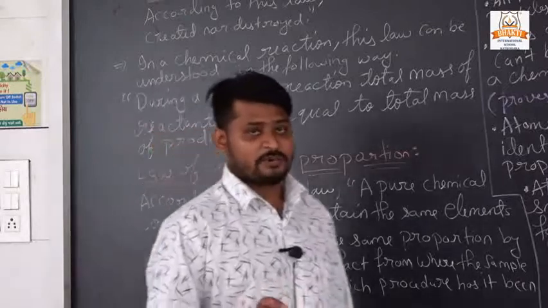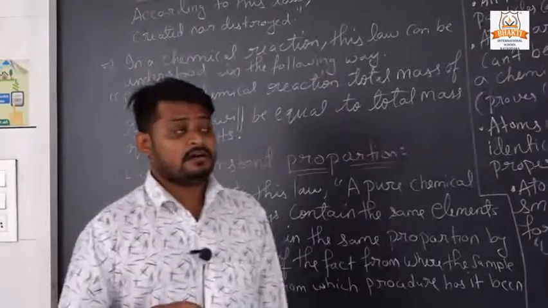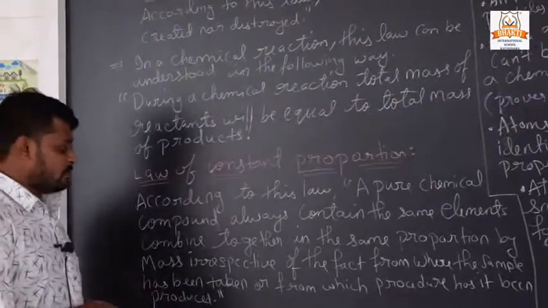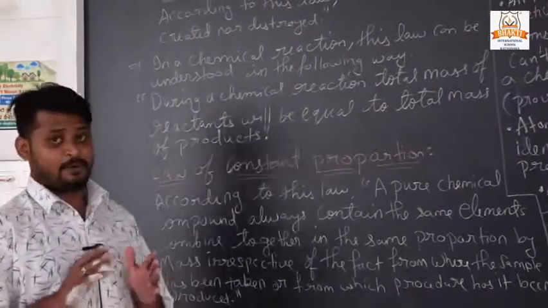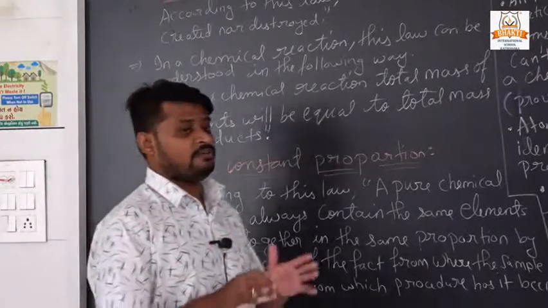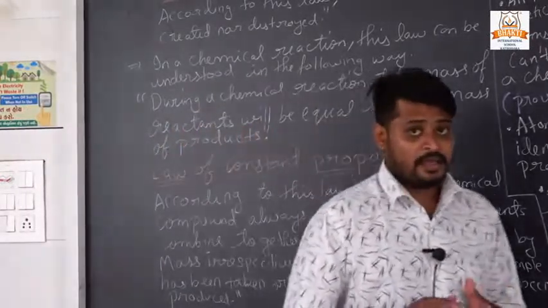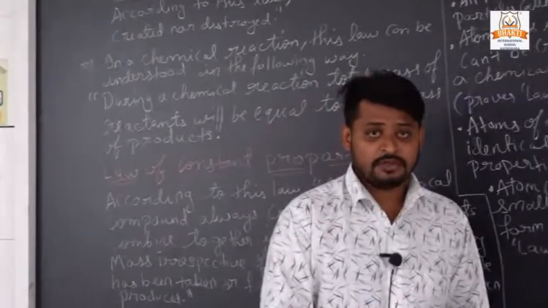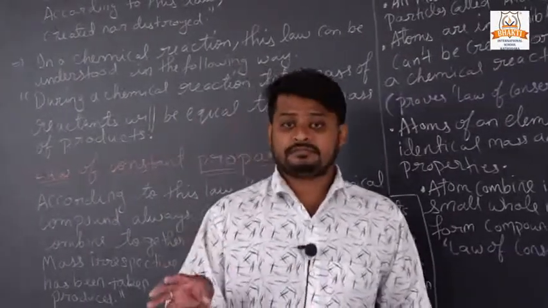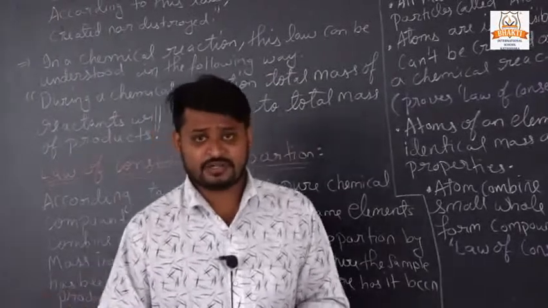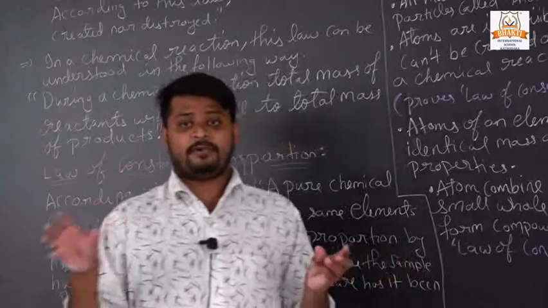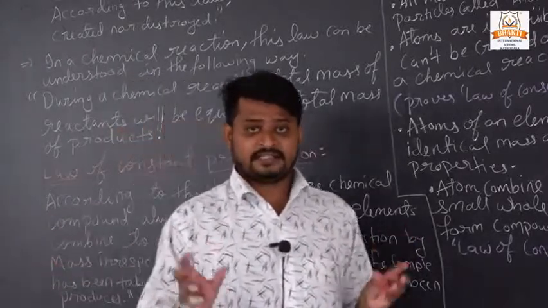It means the elements of the same compound always have the same proportion, like water. If we take water from a river, from the sea, from sewage water, from everywhere, we have many types of water taken from different places.